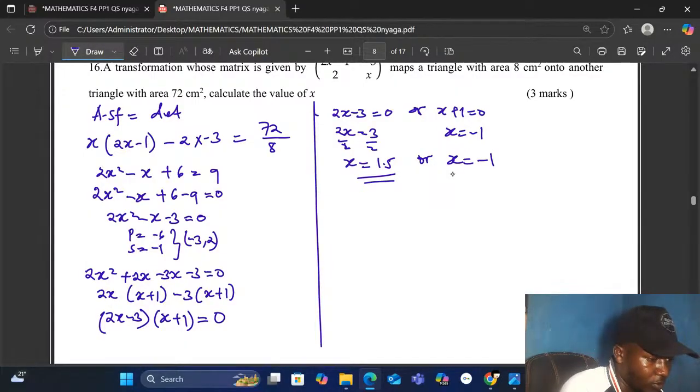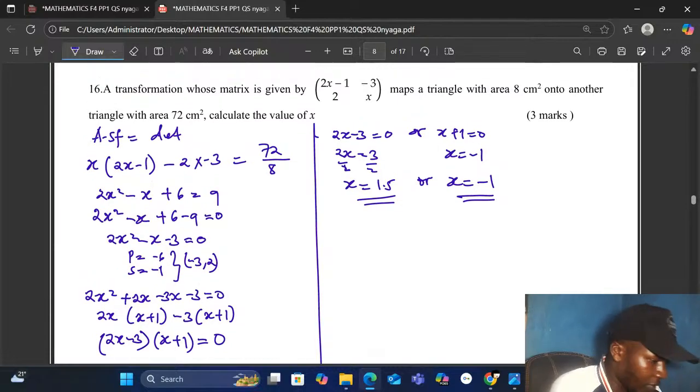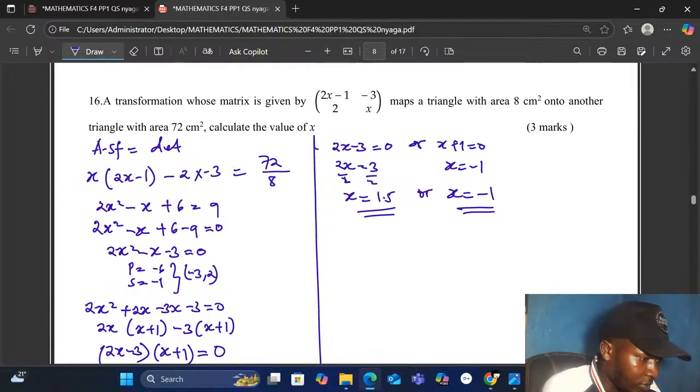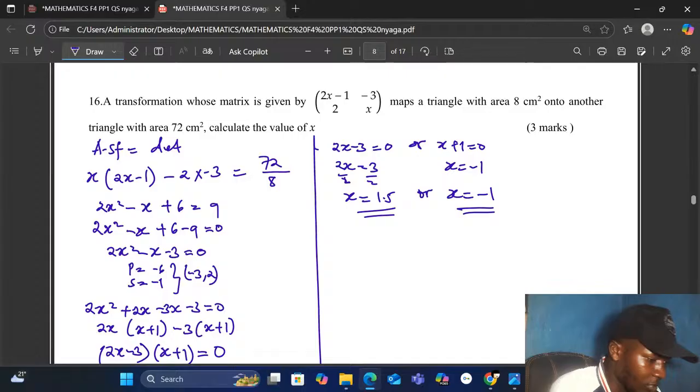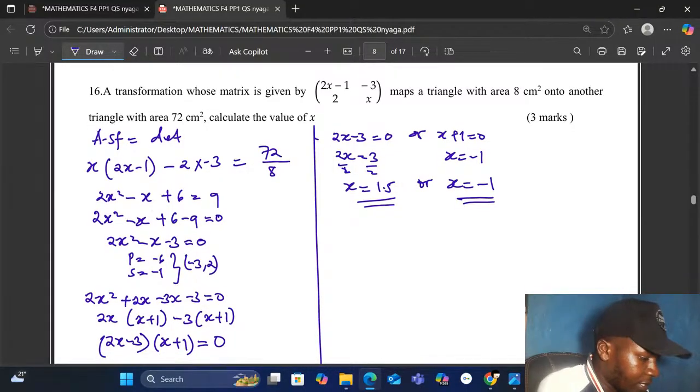So this is what we are going to have as our values of x. So calculate the value of x. These are the values of x that we are getting. That is how you get your 3 good marks for question number 16.